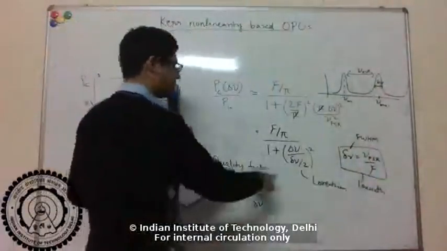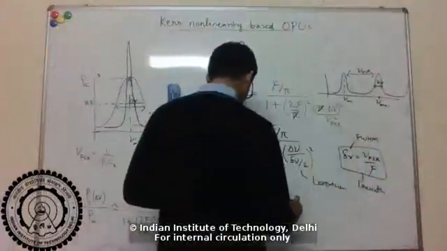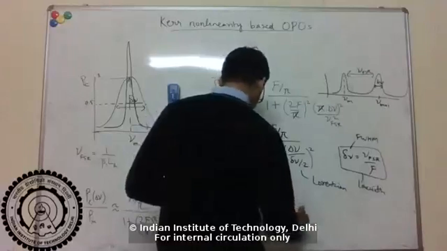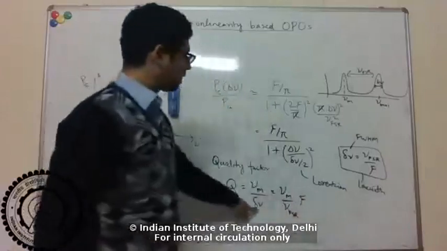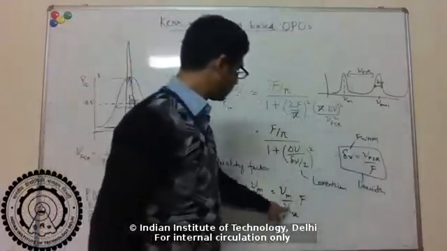So of course the quality factor is related to the finesse. You can just see from here, right? So if I write this d nu as nu FSR by finesse, then I get Q as this.